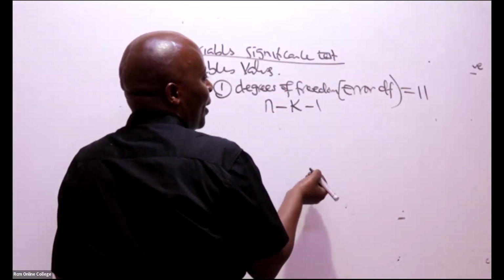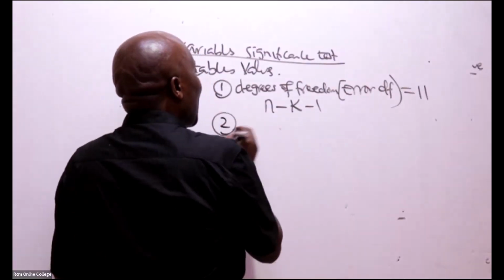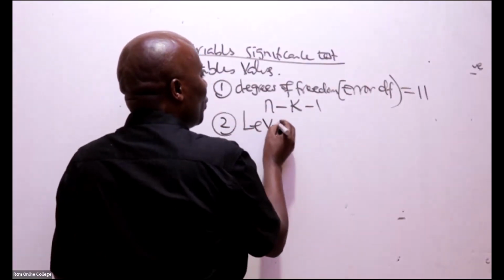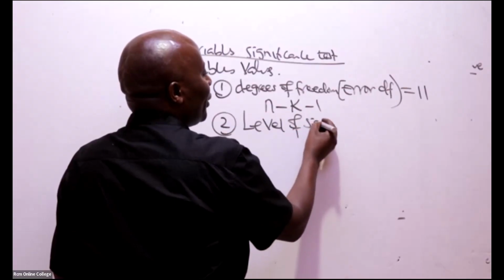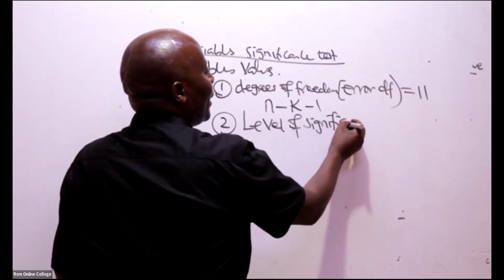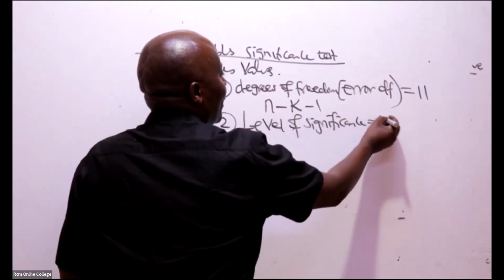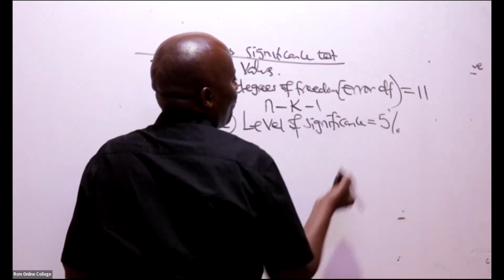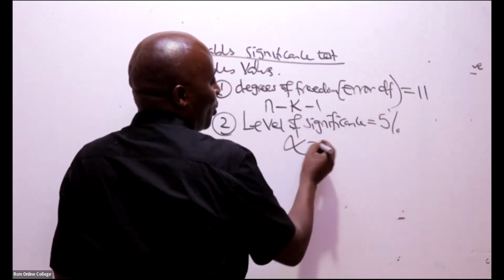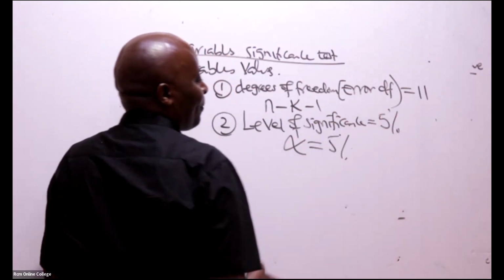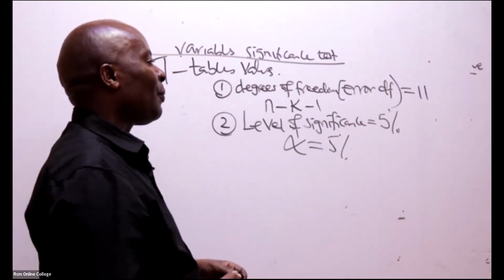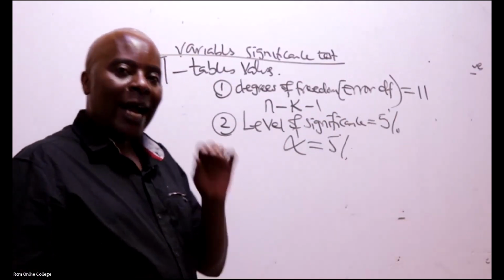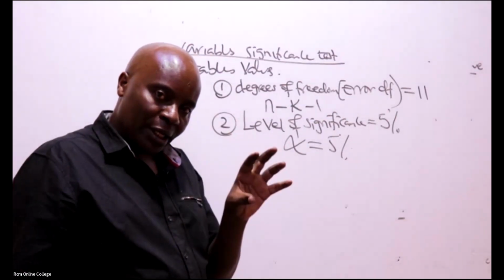Yeah, 11. And number two, I need the level of significance, which here is 5%. Those are the two items that I need to be able to read the T tables value.